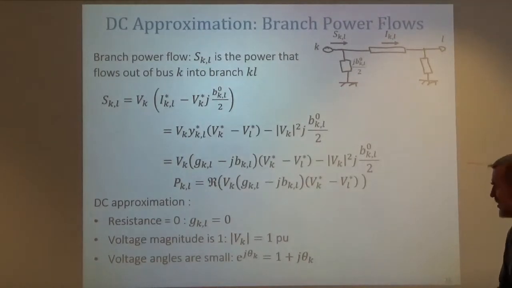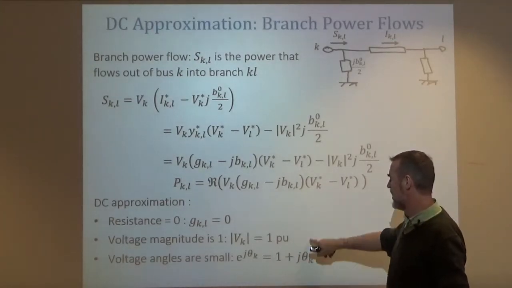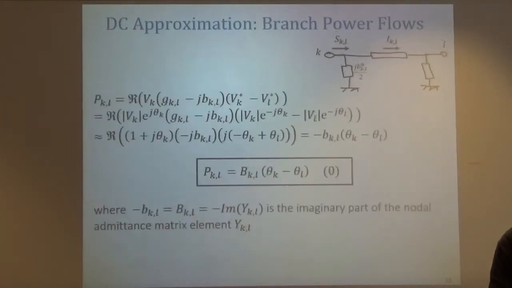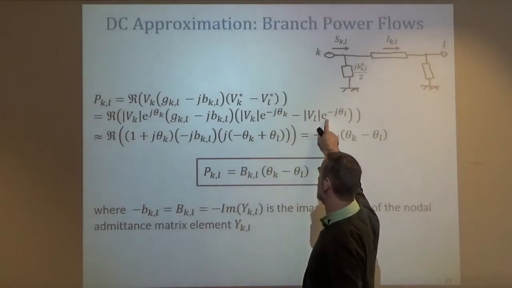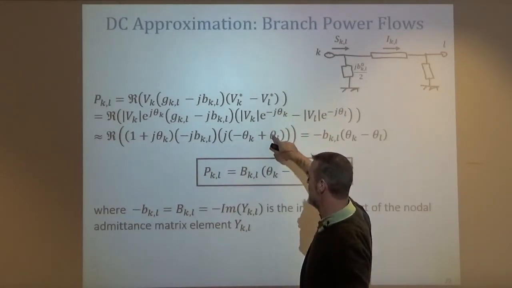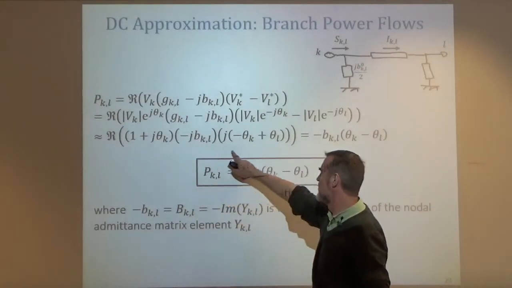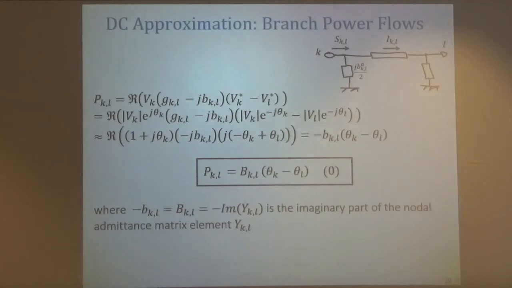So let's do all this in this formula. We will have the module, which is 1, and an angle, which will be a linear function of the angle. This is what I wrote here, and by applying the approximation that I mentioned, we find the real part of that stuff, which is a linear function of the angles theta.